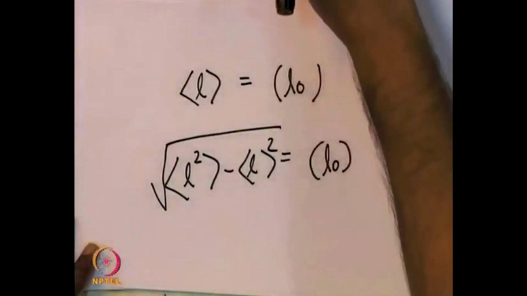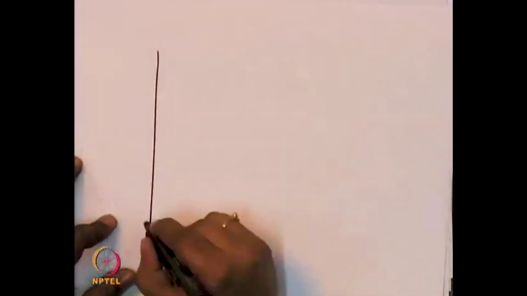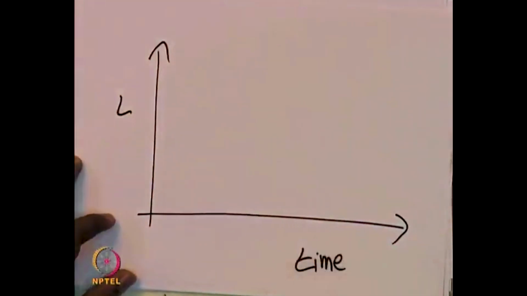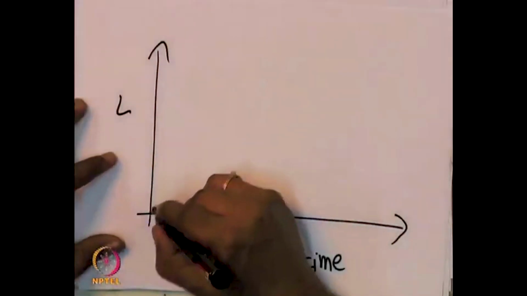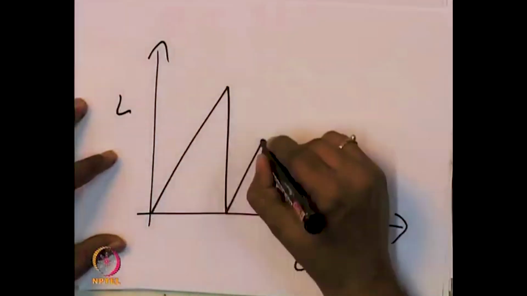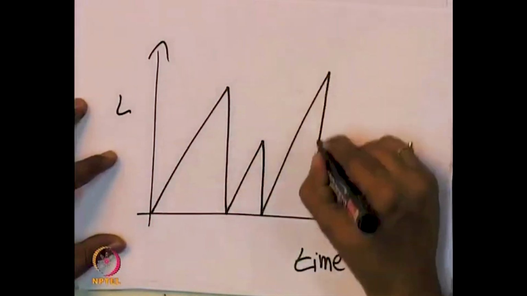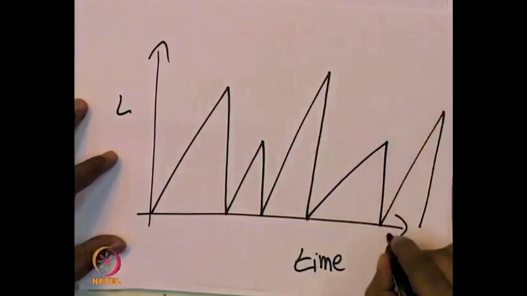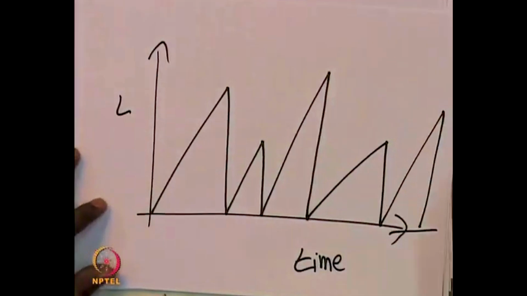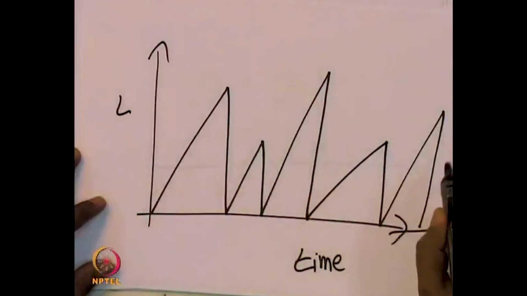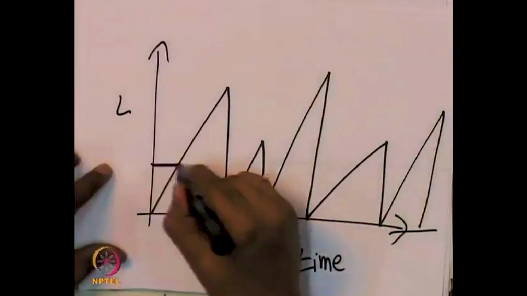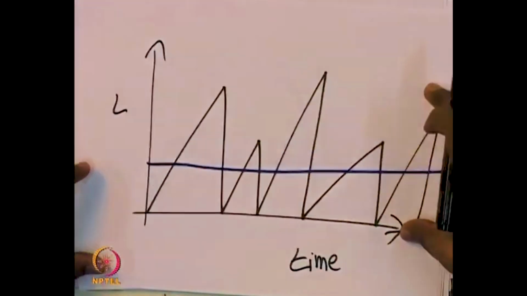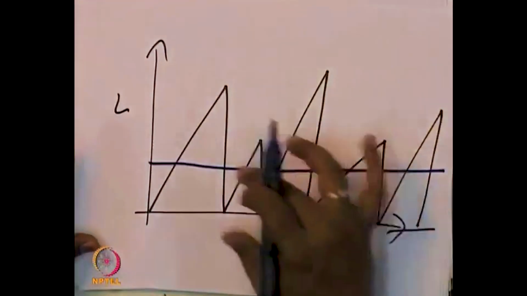What does that mean for a microtubule? That means that if you look at length versus time for a microtubule, what do you find? It grows, shrinks, grows, shrinks, grows, shrinks, grows. If you just follow this growth and shrinkage, the average length you see and the standard deviation, the deviation from the average, are roughly the same.